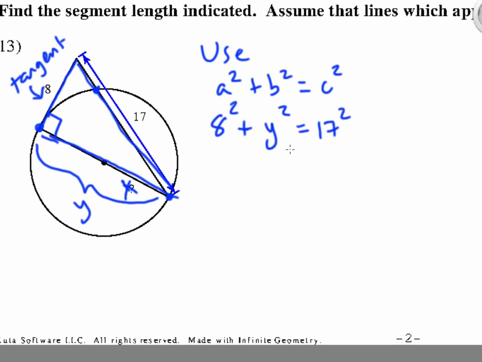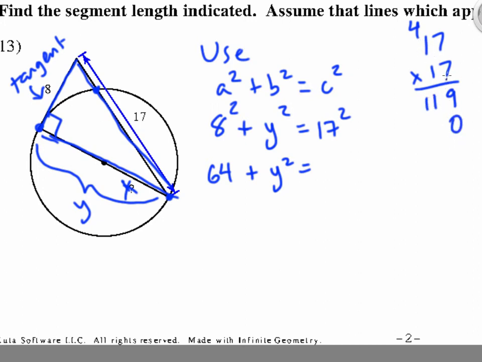So 8 times 8 is 64, plus y squared equals 17 times 17. 7 times 7 is 49. 1 times 7 is 7, 7 plus 4 is 11. 1 times 7 is 7, 1 times 1 is 1. So 289.